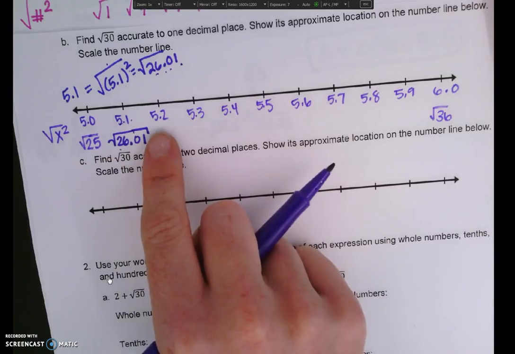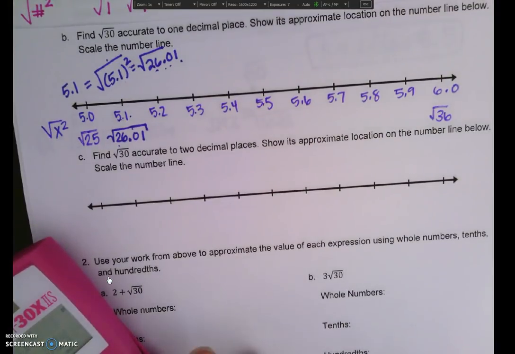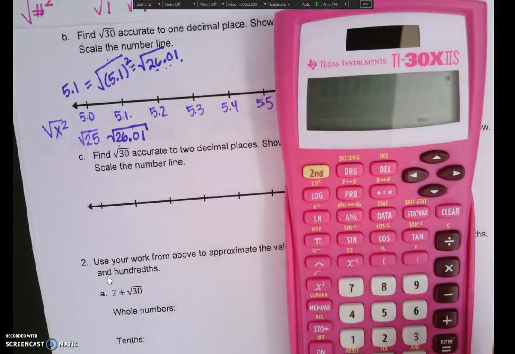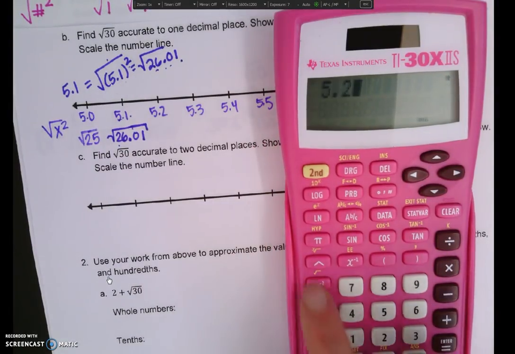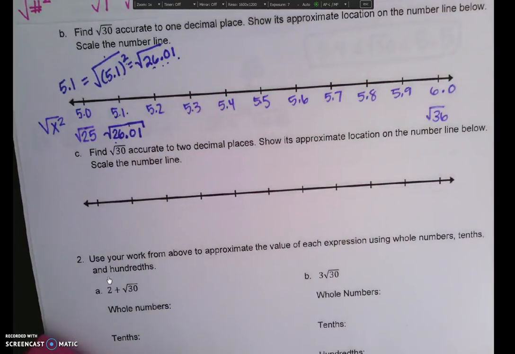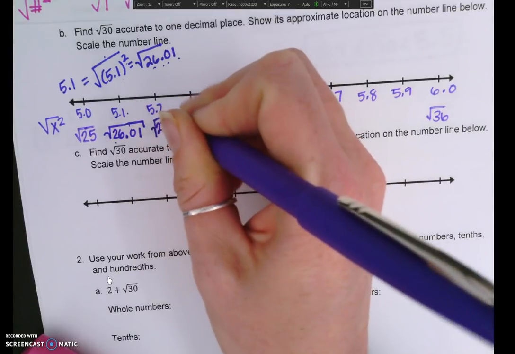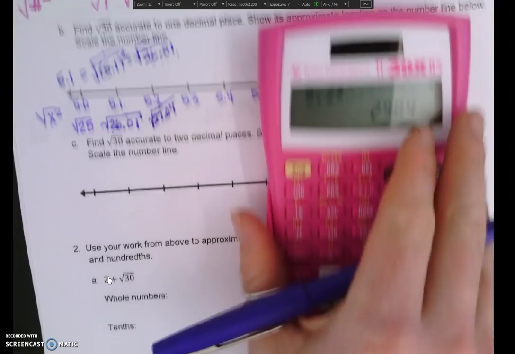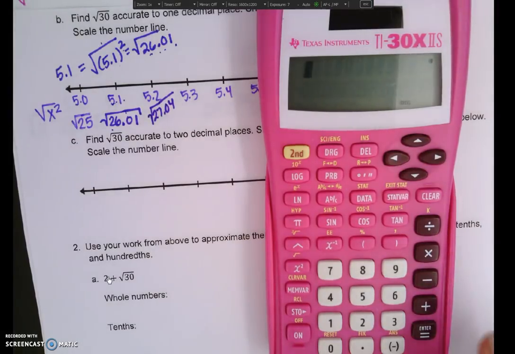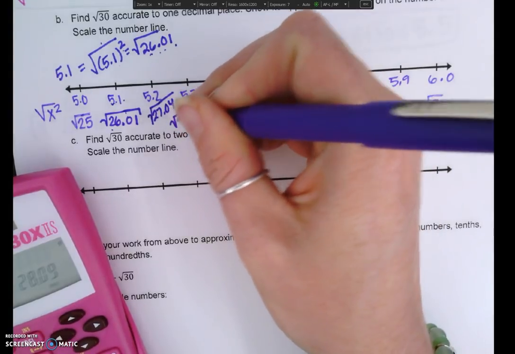So I can continue squaring 5.2. So I'm going to grab my calculator and I'll say 5.2 being squared, 27.04. Okay, so I have to go more. 5.3 being squared, 28.09, getting closer.